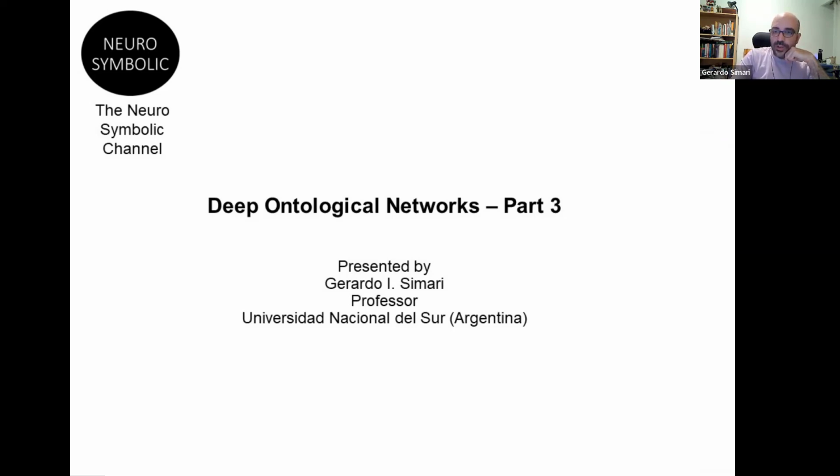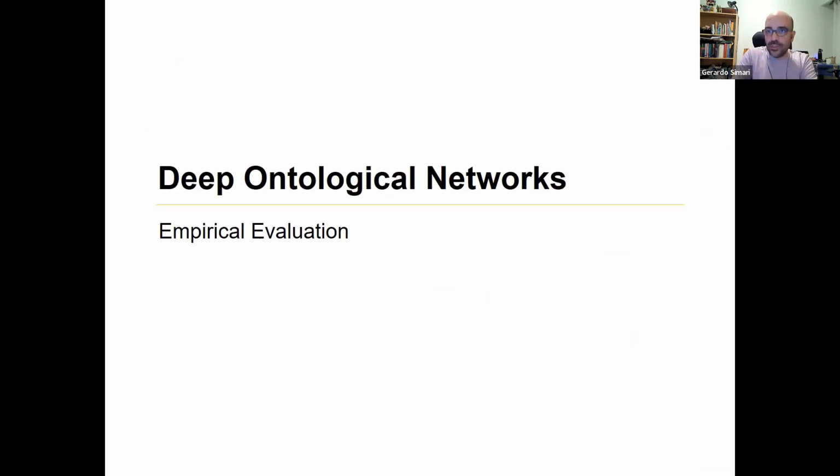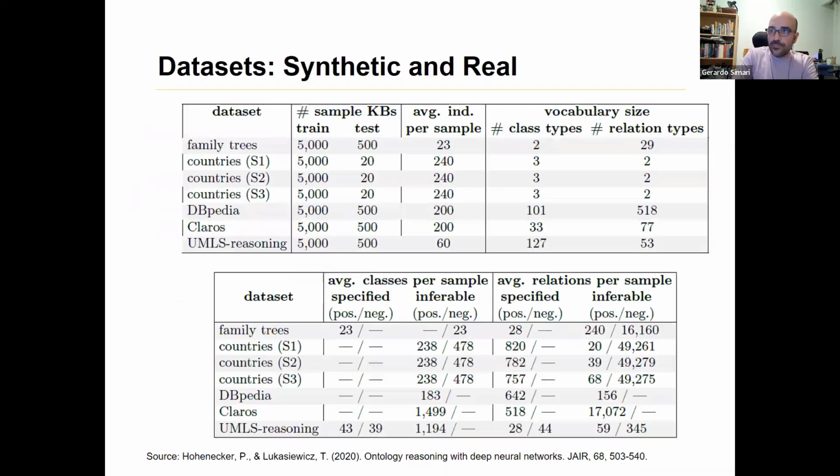So for the final part of the lecture, we have the empirical evaluation. The authors considered a few data sets. We have these 7 data sets that are divided into synthetic and real.